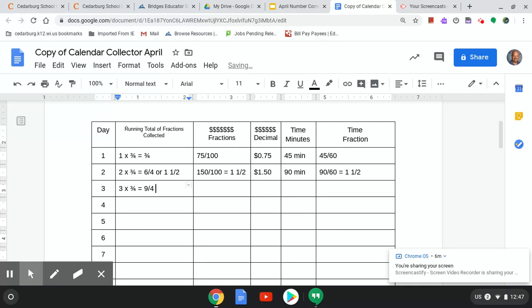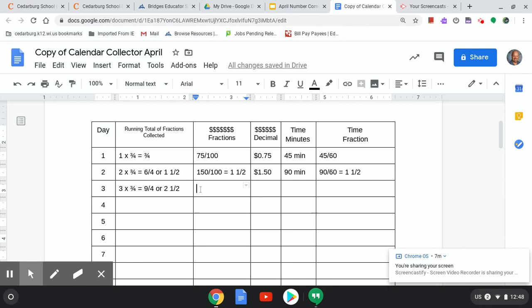You got 9/4, or can you think of the fraction that would go there? 2 wholes, and 4 goes into 9 two times with 1 left over. So we'll put our remainder over our denominator, and we have 2 1/4.